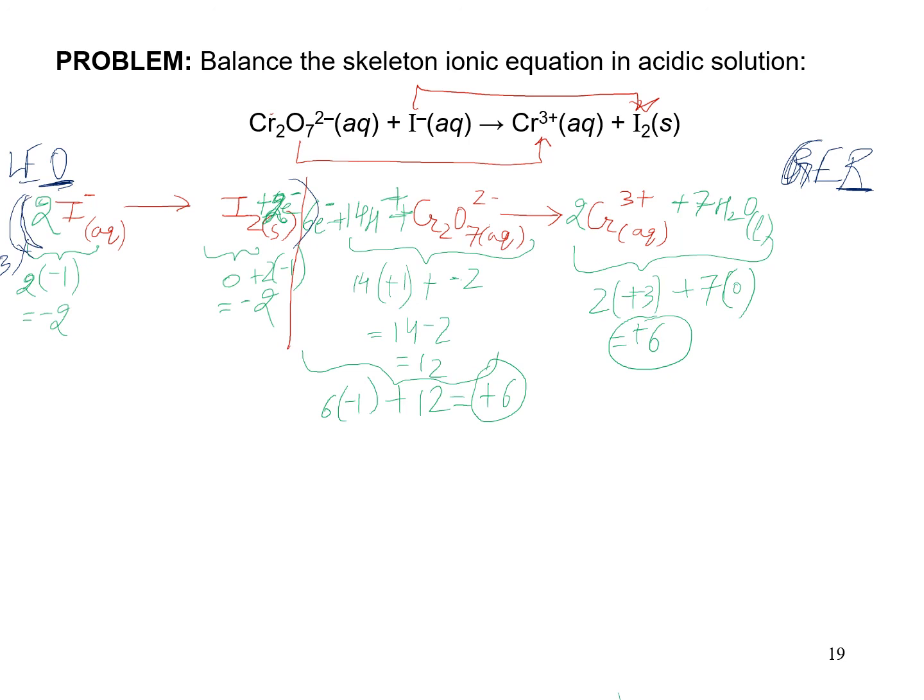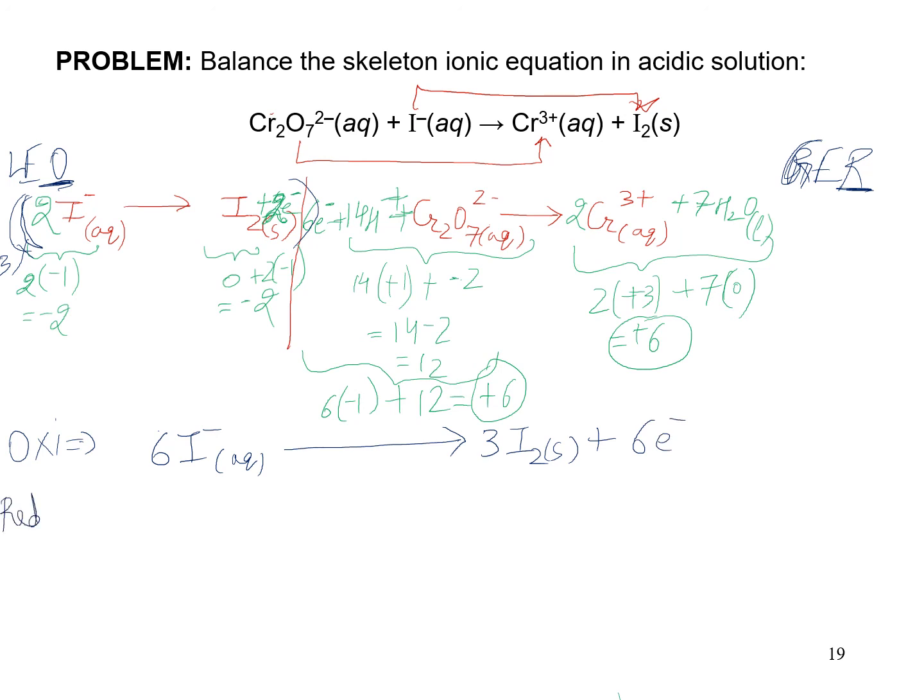So let's rewrite the first half of the reaction, the oxidation half. It will be 3 times 2 gives you 6 I minus, aqueous, will produce 3 times 1, 3 iodine, which is a solid, plus 3 times 2, 6 electrons. So that's my one half.